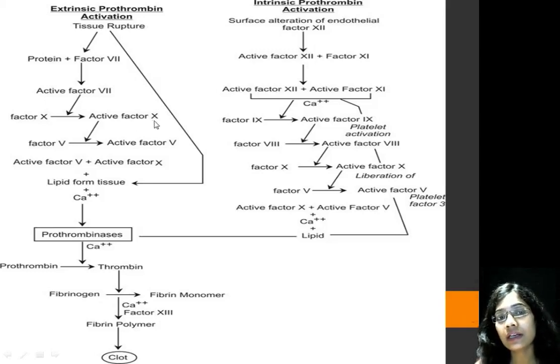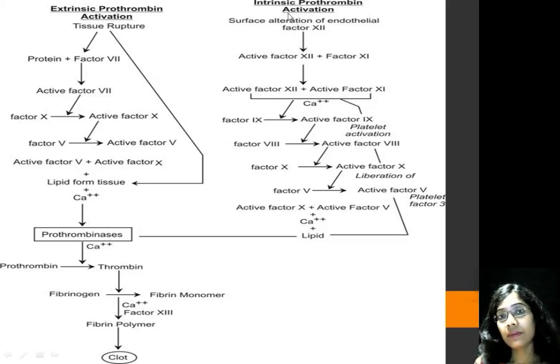Then factor 5 comes and gets activated. With activated factor 5, activated factor 10 and lipid from the ruptured tissue, in the presence of calcium ions, prothrombinase enzyme forms. Calcium ions are the most important part. If calcium ions are absent, this process might be delayed.